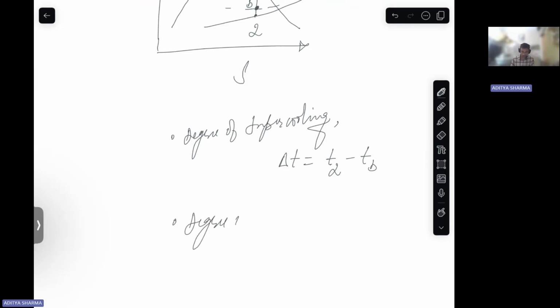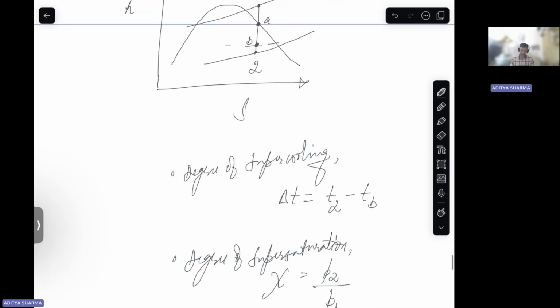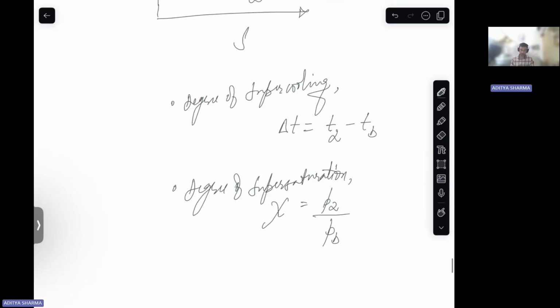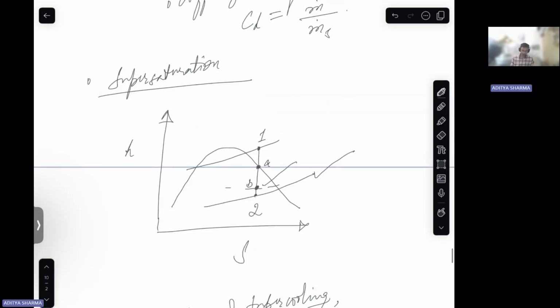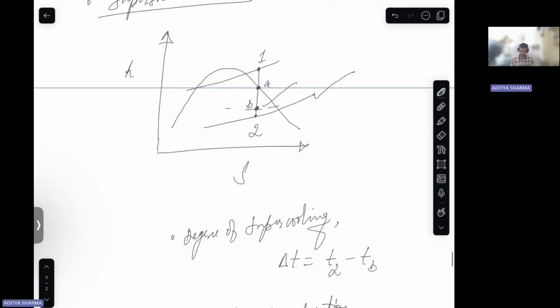Then there is your degree of supersaturation. That is, sorry, the pressure at 2 and the pressure at point B, right? So this is your degree of supersaturation. So these are two parameters linked to supersaturation. Okay.